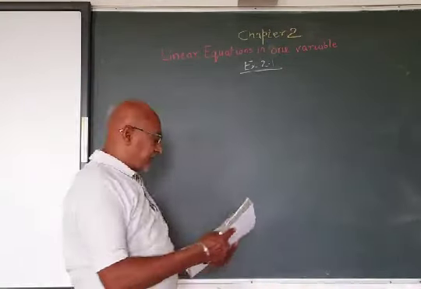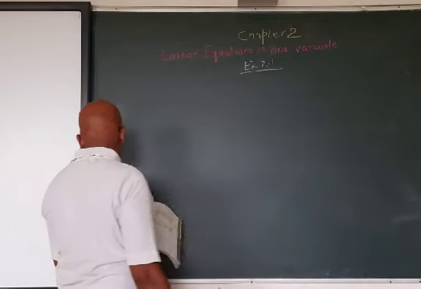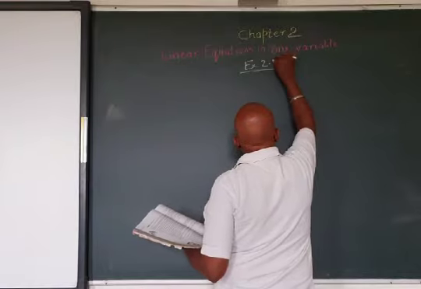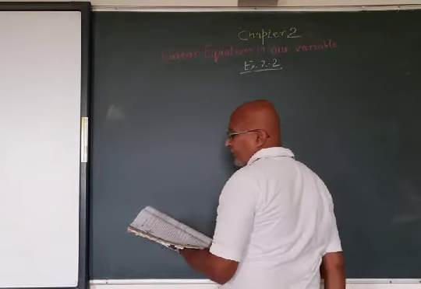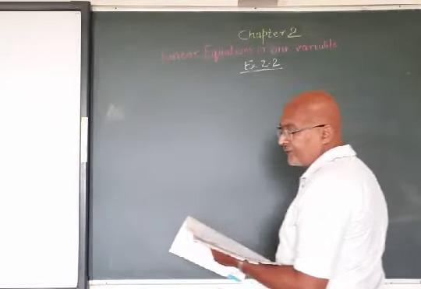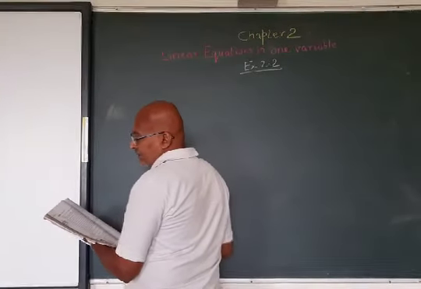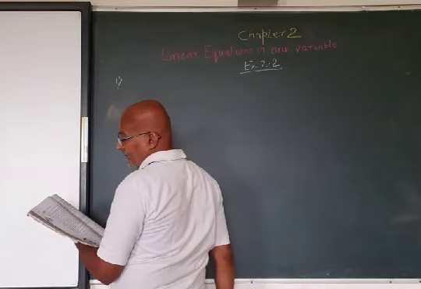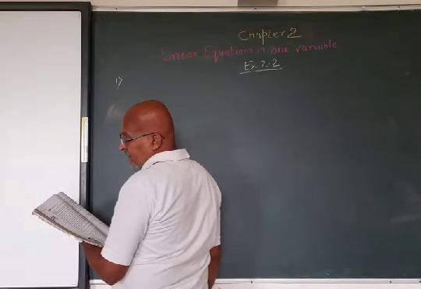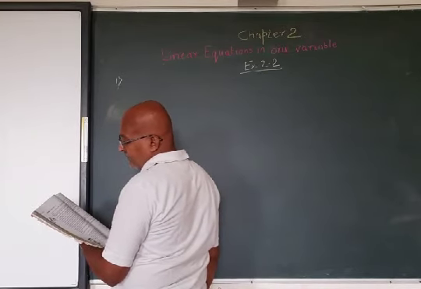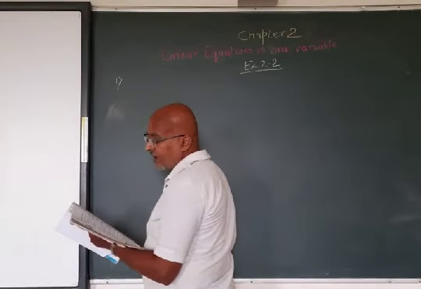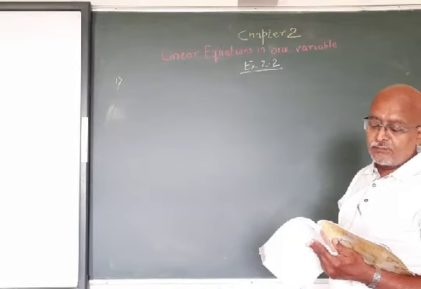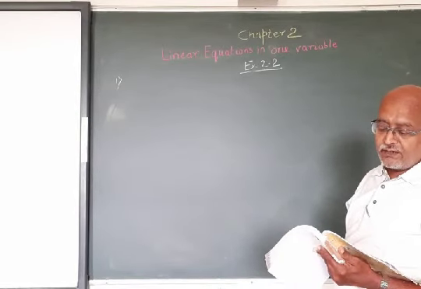Now see the first one in exercise 2.2. If you subtract 1 by 2 from a number and multiply the result by 1 by 2, you get 1 by 8.